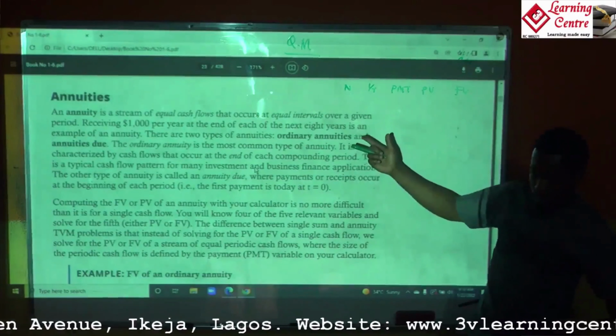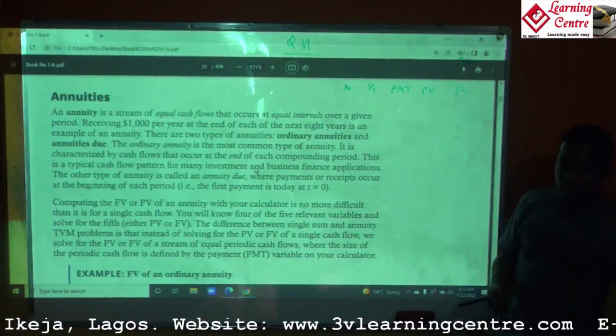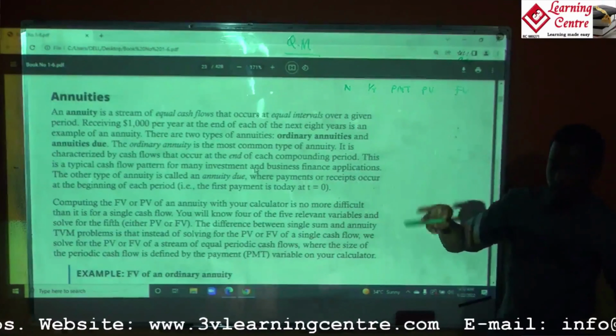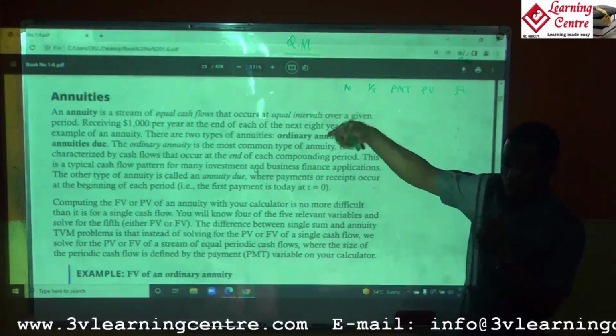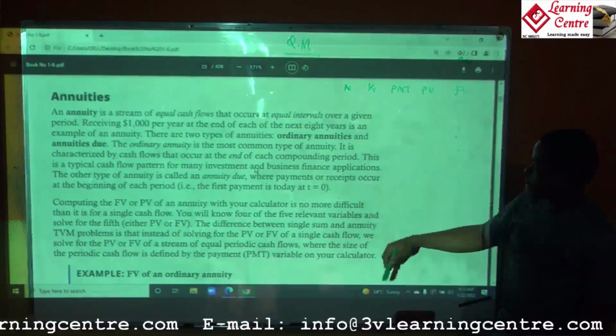Is N 2 years? No, it's not. Because if the interest rate is compounded monthly, in a 2-year period, you have 24 months. So your N is defined as the number of compounding periods in the question, right?